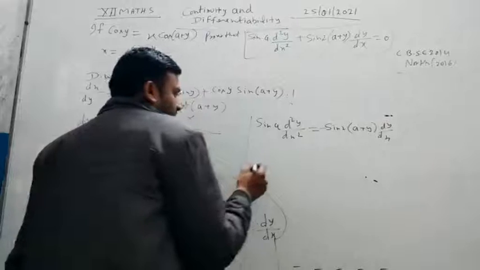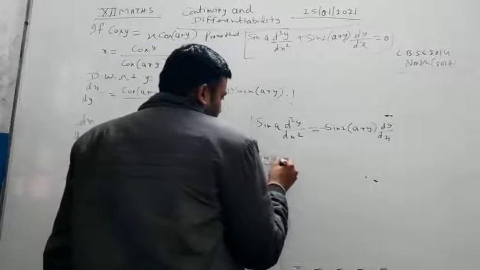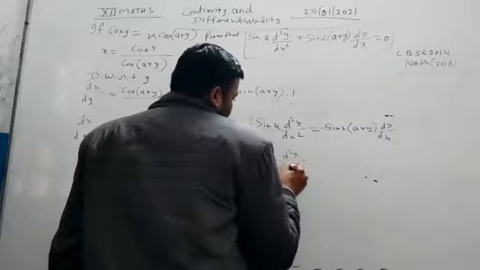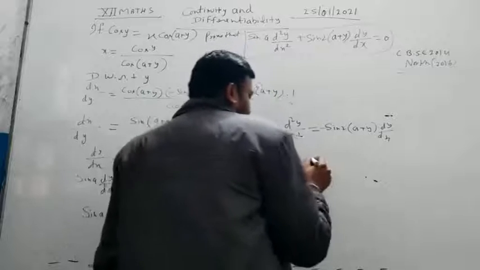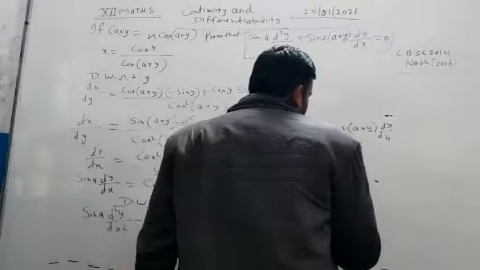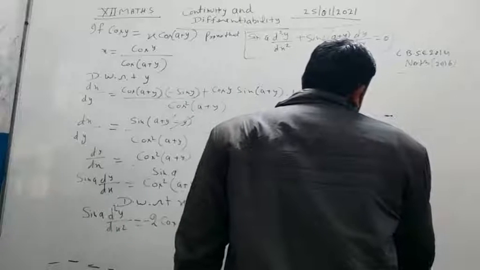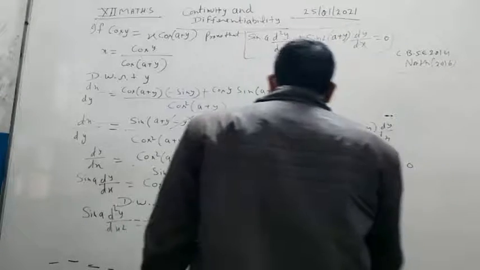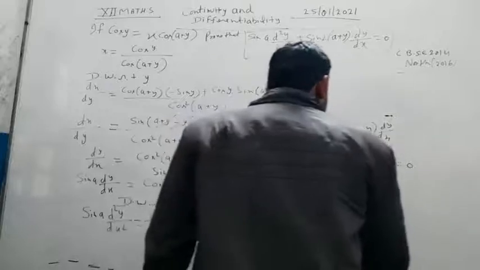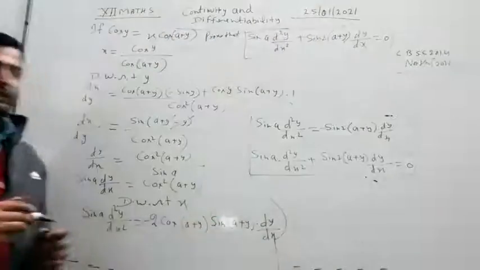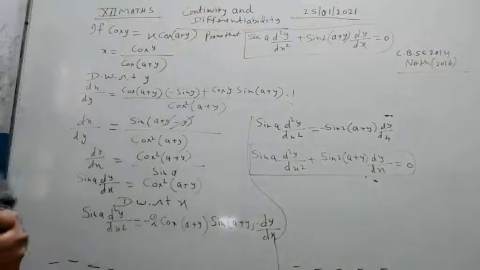So we take this to the left-hand side: sin a d2y by dx2 plus sin 2(a plus y) dy by dx is equal to 0. Students, this is what we have proved in this way.